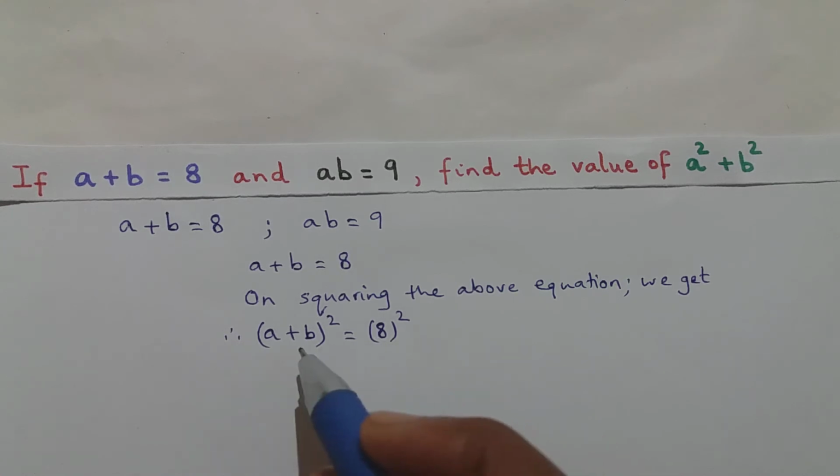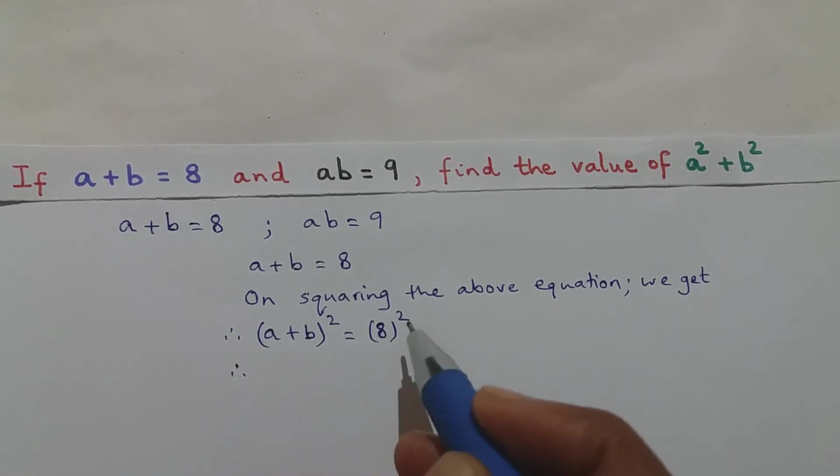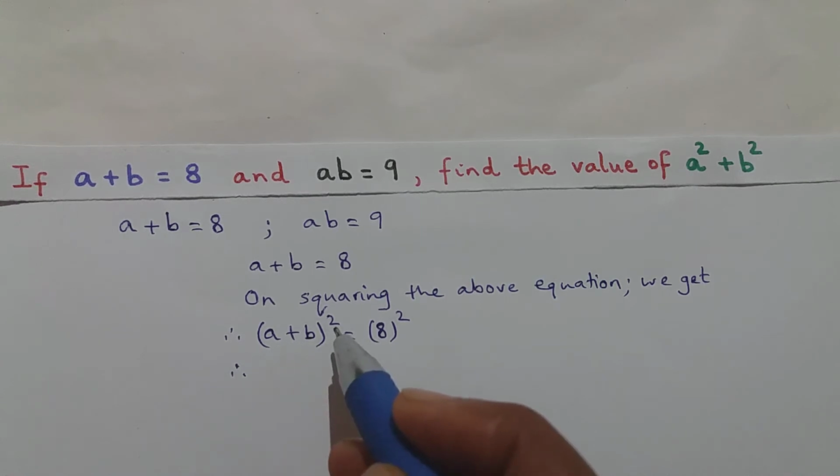Now let us solve this equation. So a plus b whole square is equal to 8 square. What is a plus b whole square?